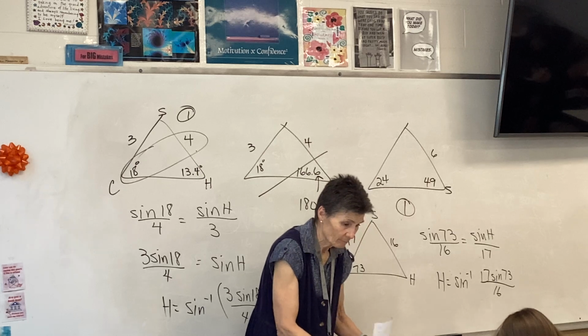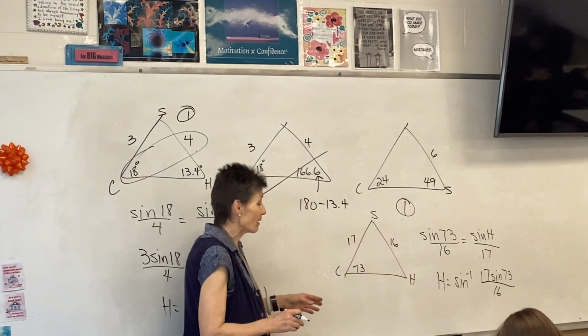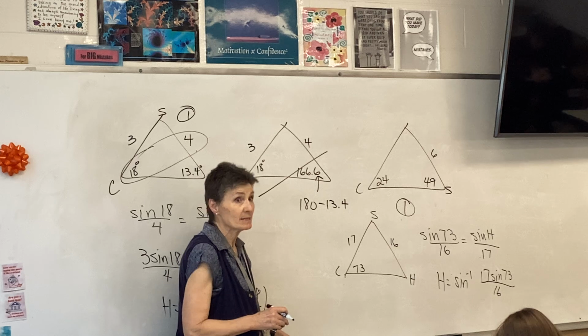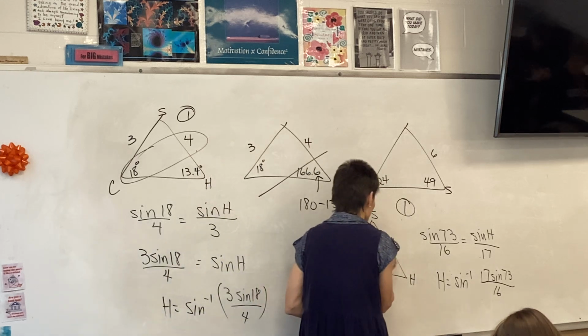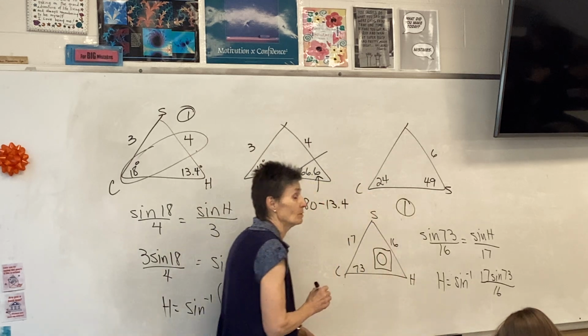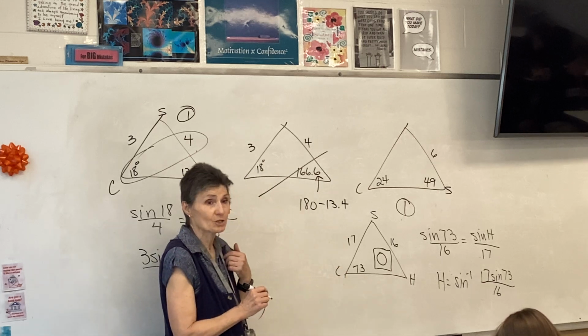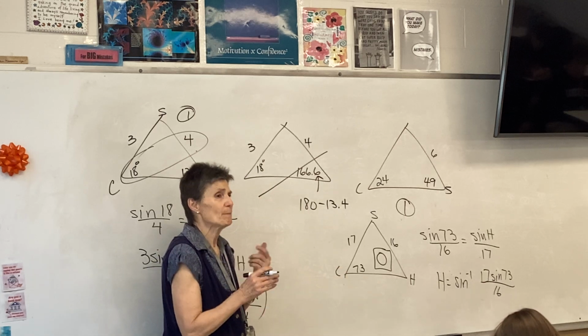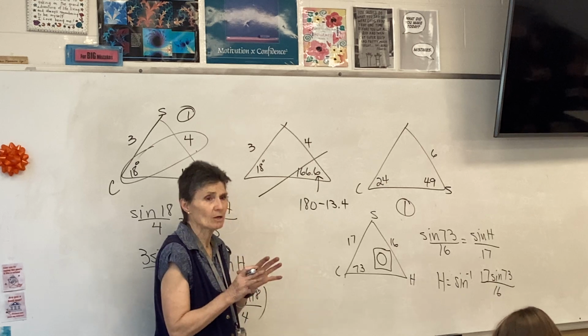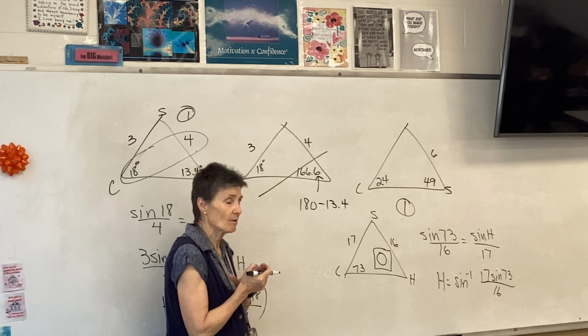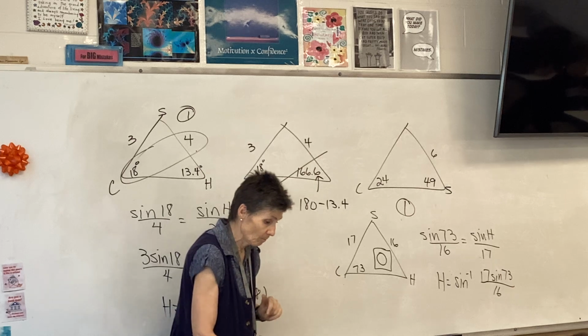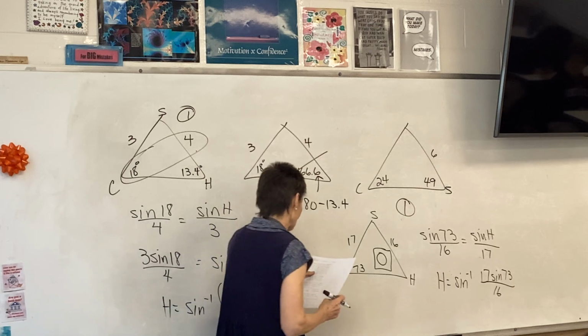There's no triangle possible. If the calculator comes up with an error message, I would retype it in again just to make sure, but if it says error again, then that means there are no triangles possible.